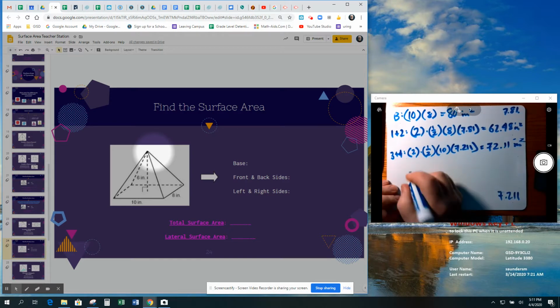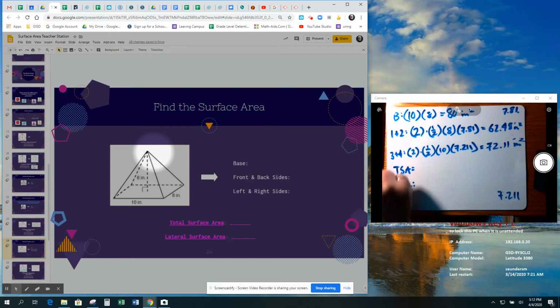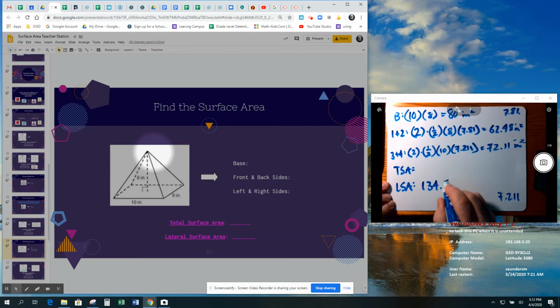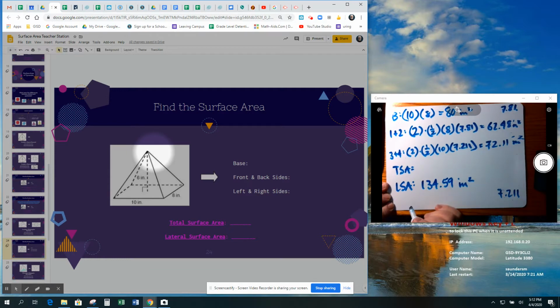All right. Now, our total surface area is the sum of the base and all 4 sides. Let me do lateral surface area first. Our lateral surface area is the sum of the 4 sides, excluding the base. I already have 62.48 in my calculator. I'm going to add 72.11, and that gives me 134.59 square inches for my lateral surface area.